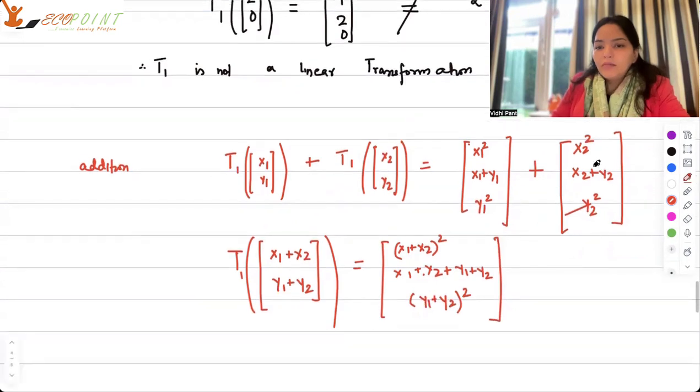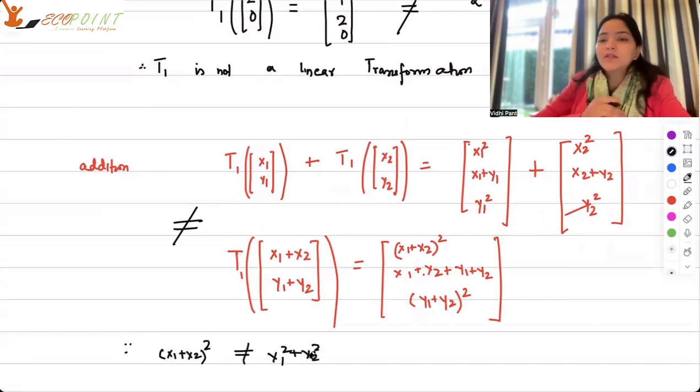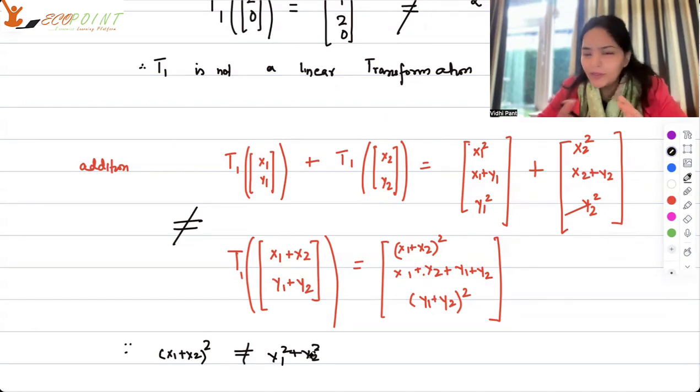Do you think the sums are equal? Absolutely not, because (x1 plus x2) squared is not equal to x1 squared plus x2 squared. So for that example it was happening, but in general it will not. Many times you will use this generalization to figure it out. Sometimes examples using (1, 0), the standard vectors, will help you a lot. This is how you figure out in the multidimensional world if a function is linear or not.